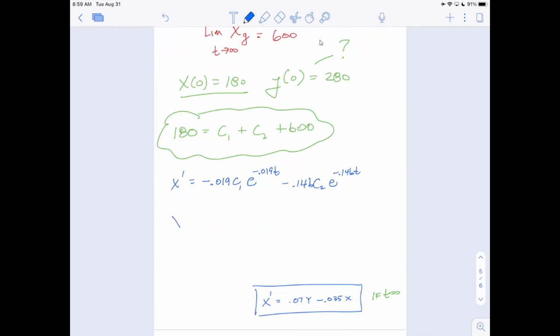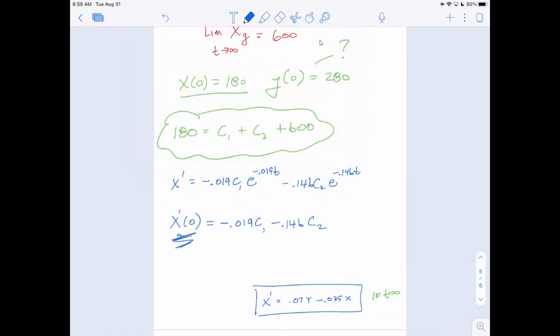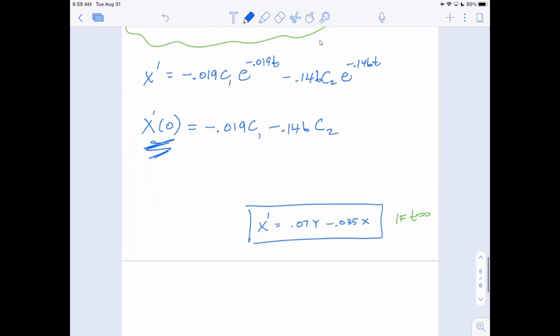And so that would mean x prime at 0 would be equal to negative 0.019 C1, again, because e to the 0 is 1, minus 0.146 C2. And so that would be terrific if somehow I was told the initial speed, right? The initial change, but I wasn't told that.